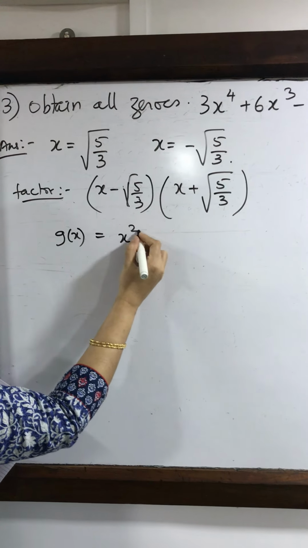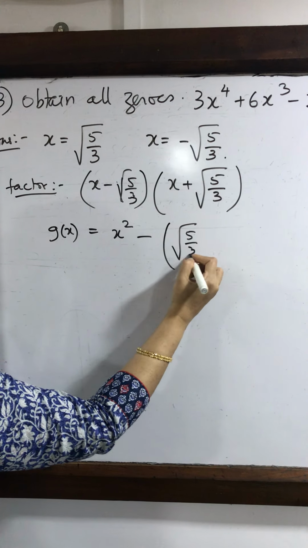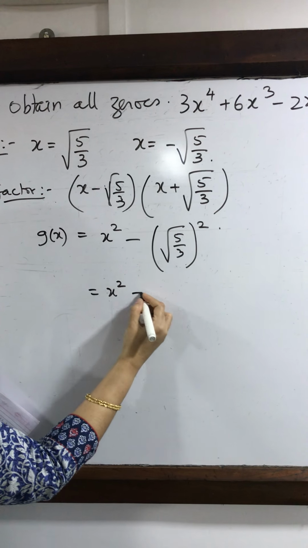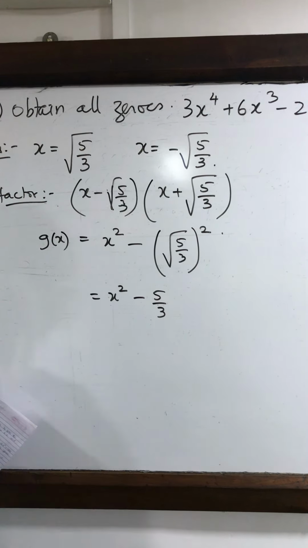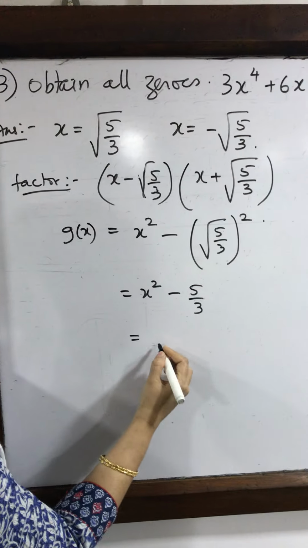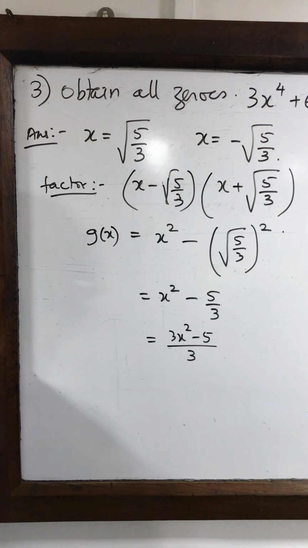So this is x square minus root 5 upon 3 the whole square, and that will be x square minus 5 upon 3. Now this is not in standard form, so we will write this as 3x square minus 5.